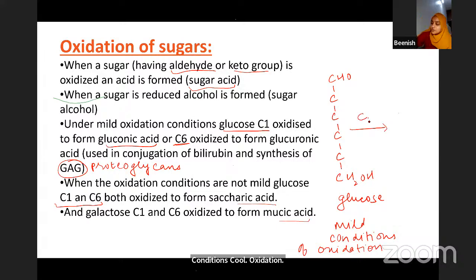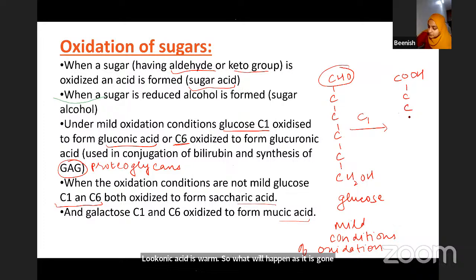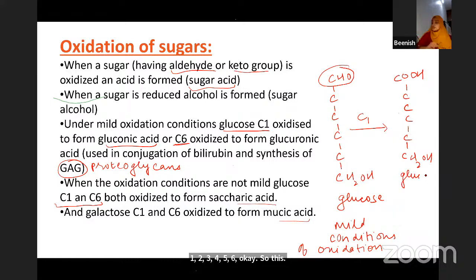If carbon 1 is oxidized, that is this one, what is formed? Gluconic acid is formed. Acid is formed. One, two, three, four, five, six. And this is gluconic acid.